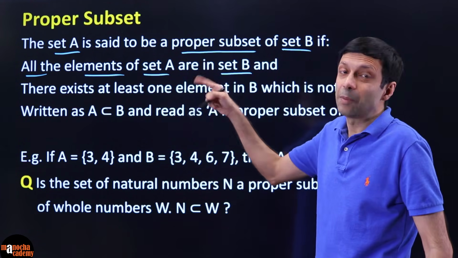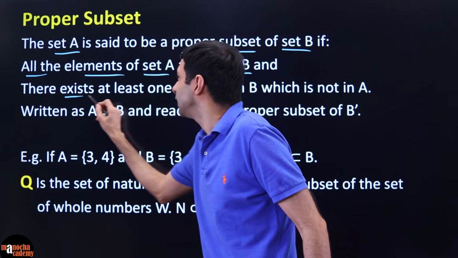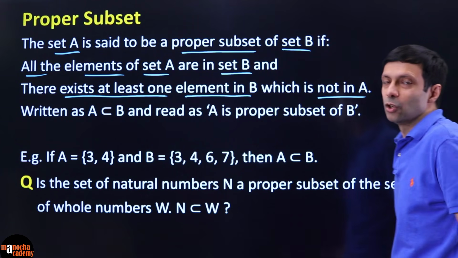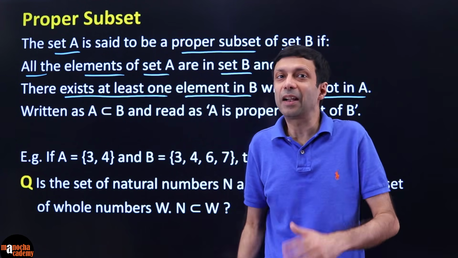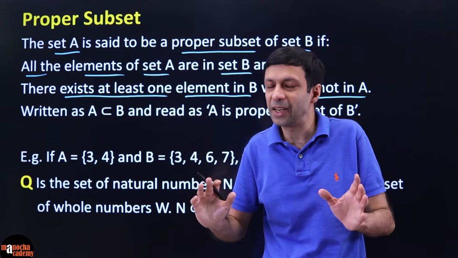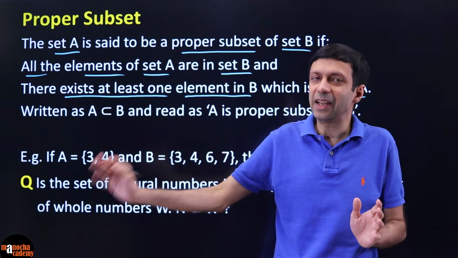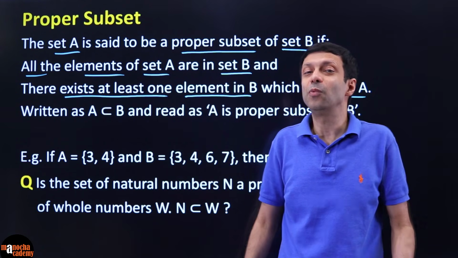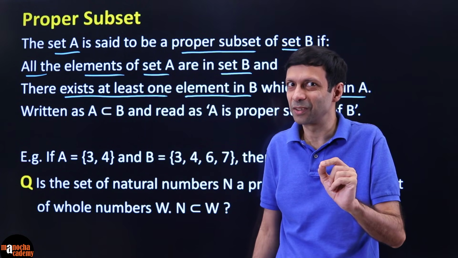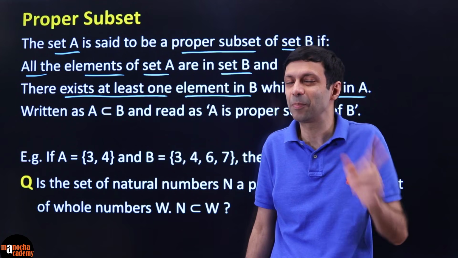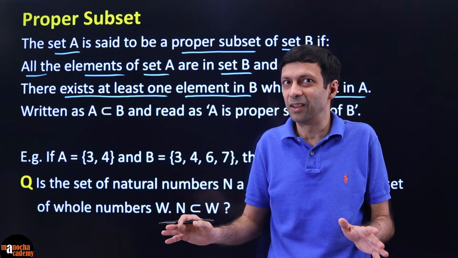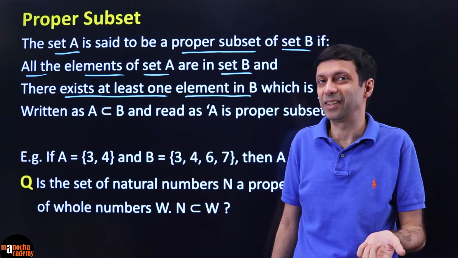But it is a proper subset if there exists at least one element in B which is not in A. So basically this means that B contains something extra which is not there in A. So if you are taking two sets A and B, B has everything that A has but something extra, then we say that set A is a proper subset of set B. So did you see the difference here between a subset and a proper subset? In subset, they could have been equal, but here they are not equal because B has something extra in it.